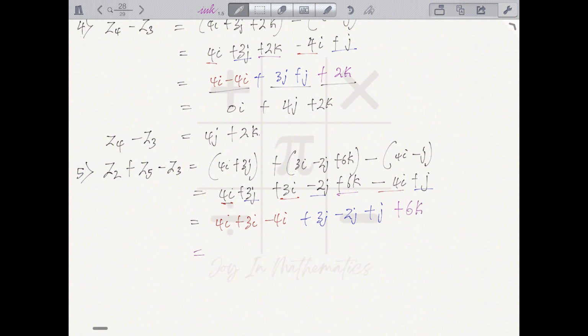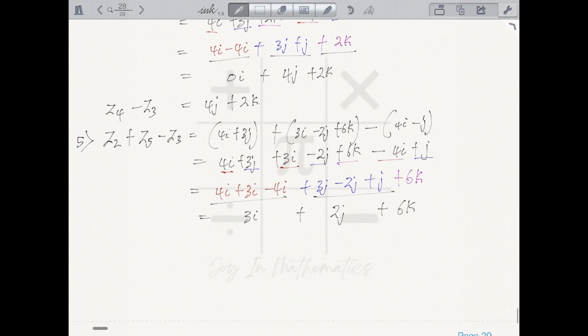All right, so let's resolve this now. This will give us 3i. The j terms give 4j minus 2j, which is 2j, and plus 6k. So we can come to a conclusion that z2 plus z5 minus z3 is equal to 3i plus 2j plus 6k.